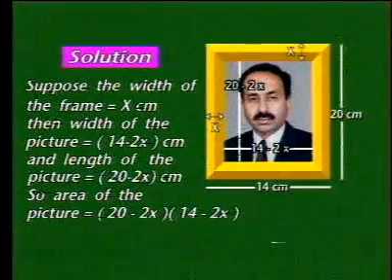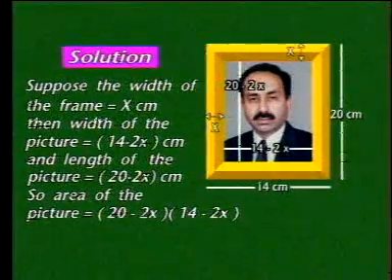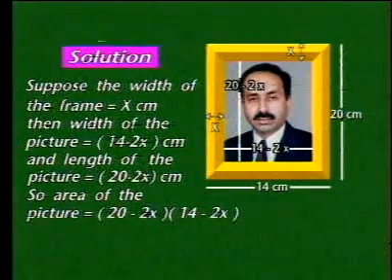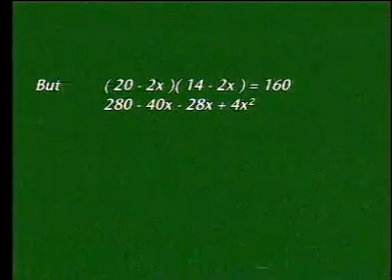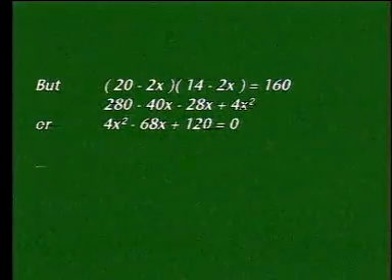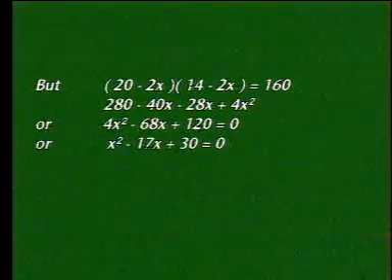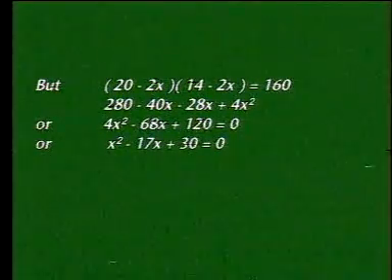So we will find the area, that is equal to length into width. That is the area of the picture, 20 minus 2x into 14 minus 2x. As area is given, we will set it equal to 160. Now we will form an equation. To simplify it, we will multiply, and the simpler form of the quadratic equation is 4x square minus 68x plus 120 equal to 0.